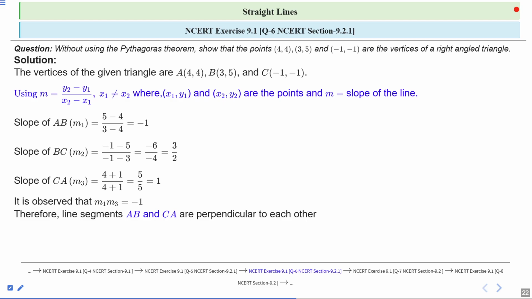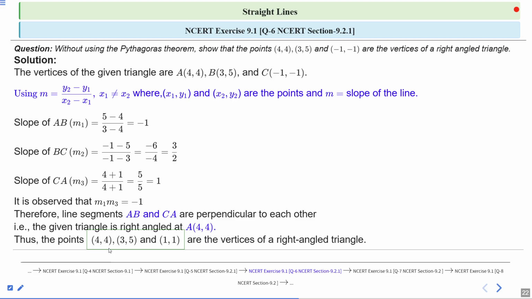So the given triangle is right angled at A, which is (4, 4). The angle A is 90 degrees.